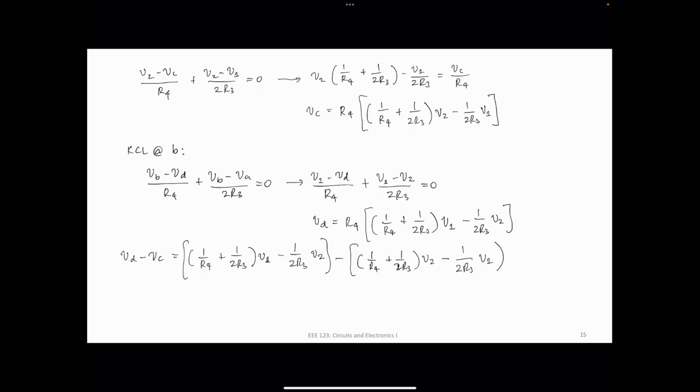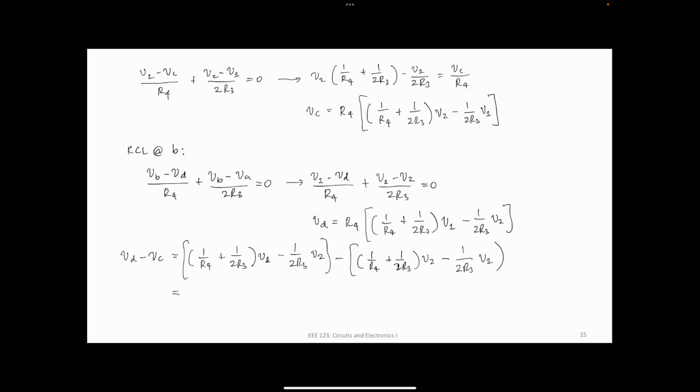Can we simplify this? Okay, let's collect V1 terms together.